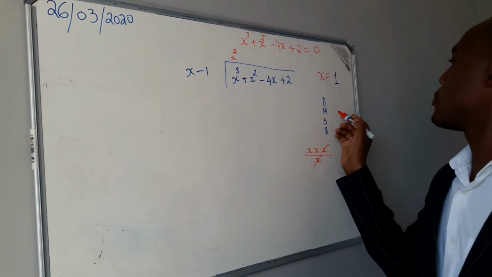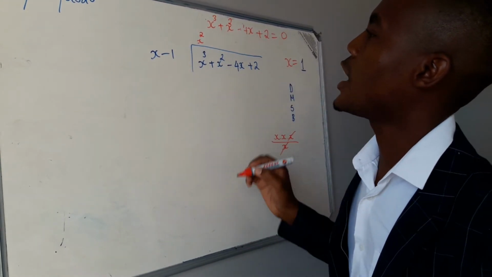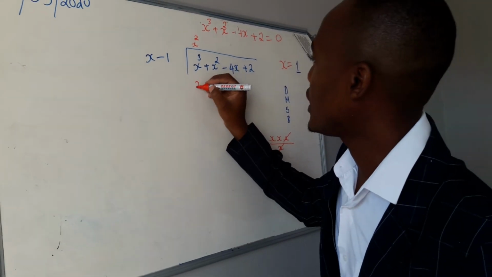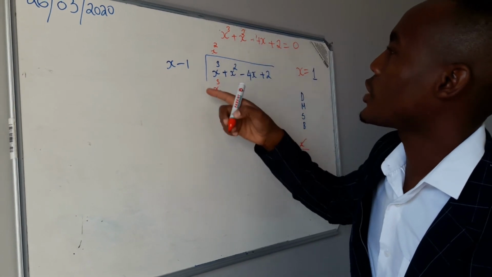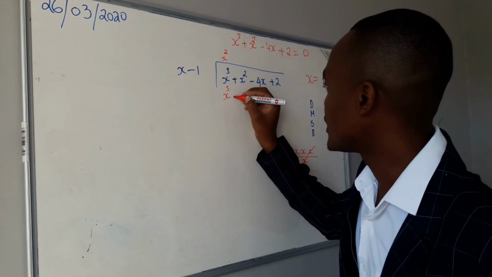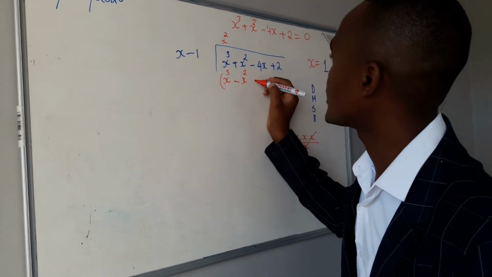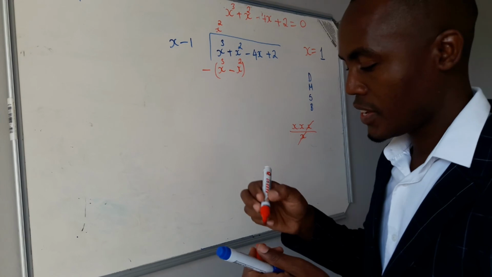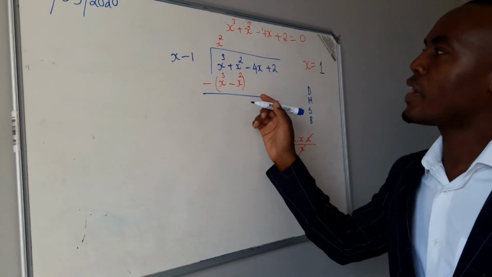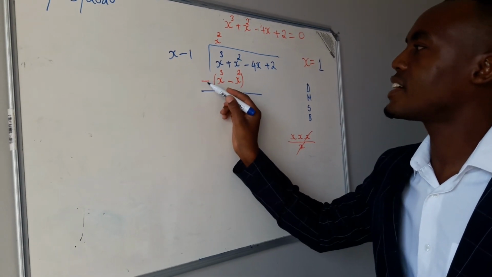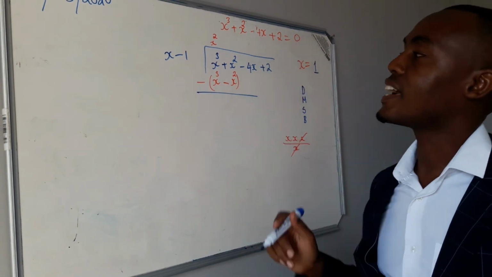The next step is to multiply, so I'm going to multiply this times this expression, and then I'm going to have here x squared times x gives me x to the power 3, and then x squared times negative 1 gives me negative x squared. And what I need to do now is to subtract this. Now notice when we subtract this, subtracting affects all the signs that are inside the brackets.